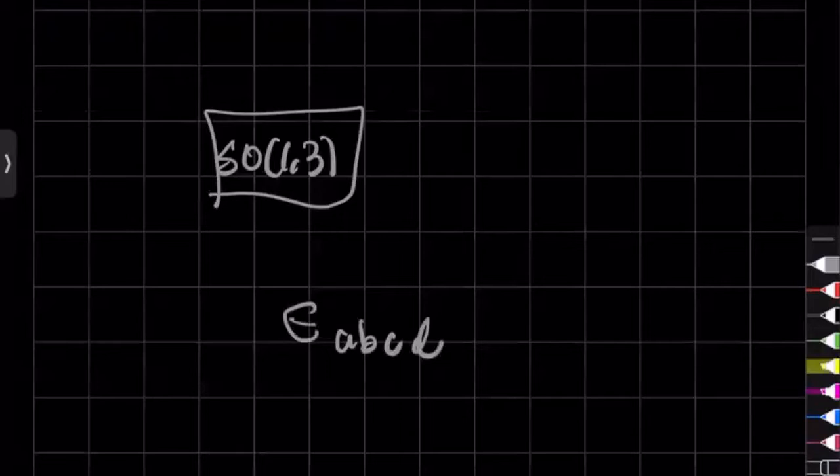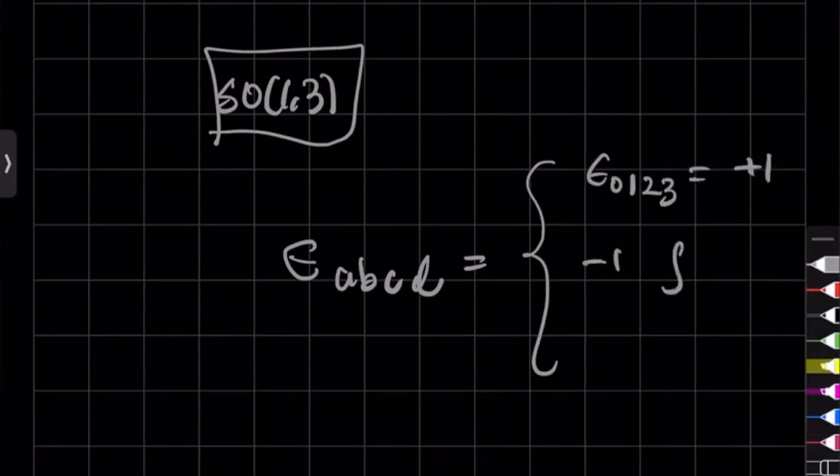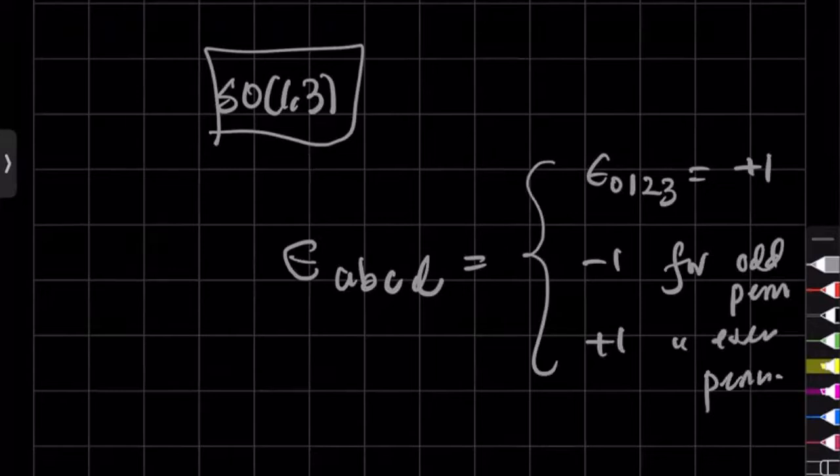This is defined such that epsilon_{0123} is +1, it's -1 for odd permutations, +1 for even permutations, and 0 otherwise, right?